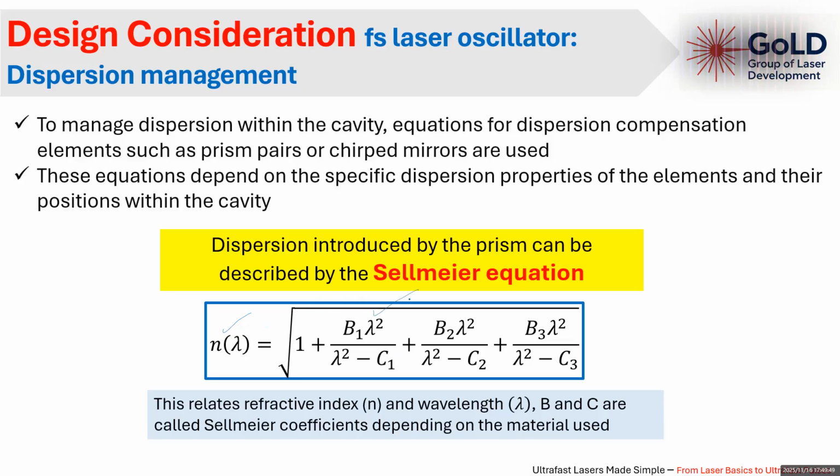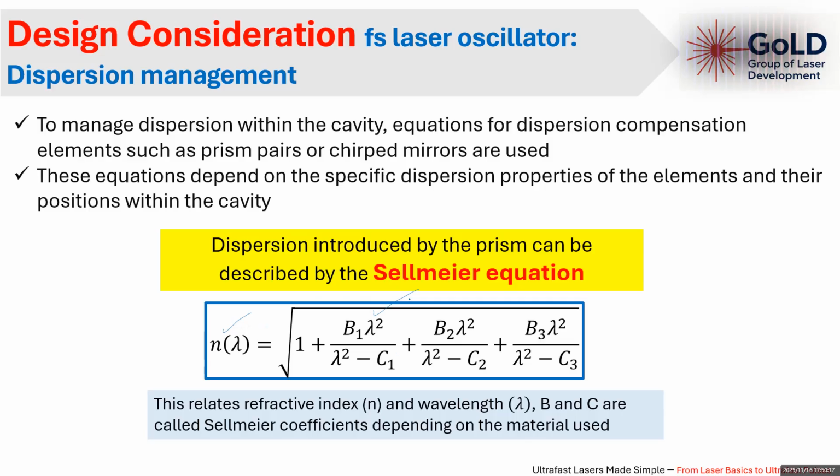It relates the refractive index and lambda, and the others, B and C, are constants, called the Sellmeier coefficients. They depend on the material, and when you buy the material, these values usually come with the data.